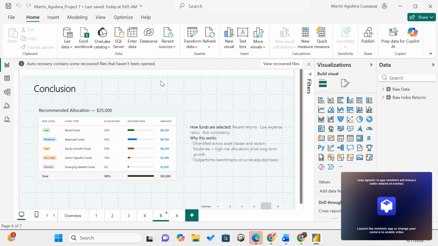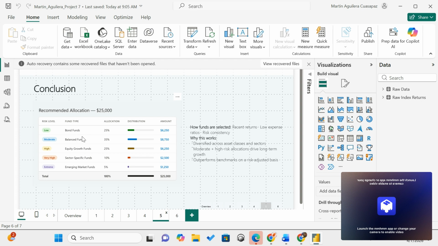In the conclusions, we have the recommendation for allocation of the 25,000. We recommend going with the low risk funds if we want a really good advantage with the money, and it will also be good for them as ROI.